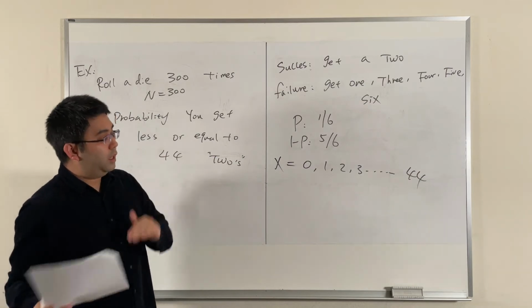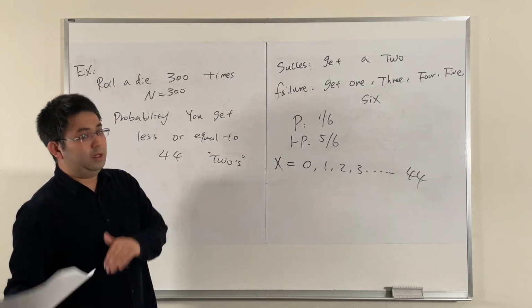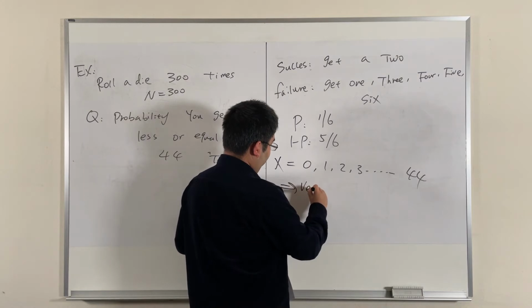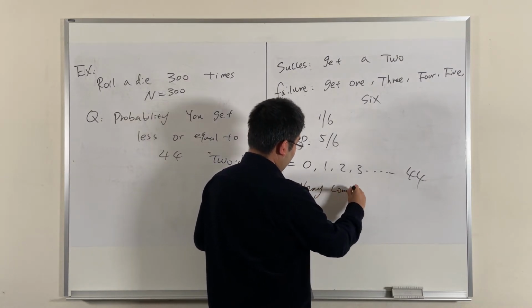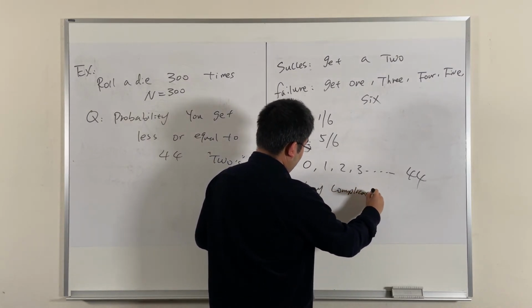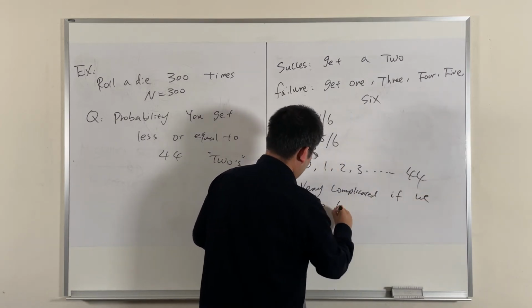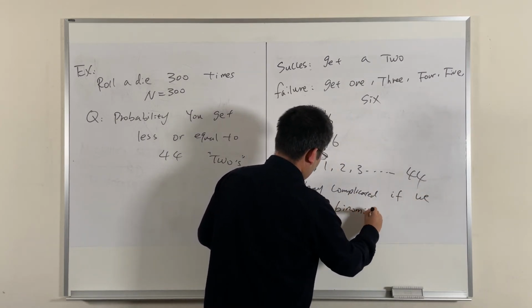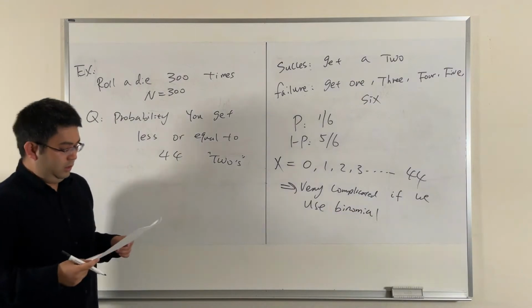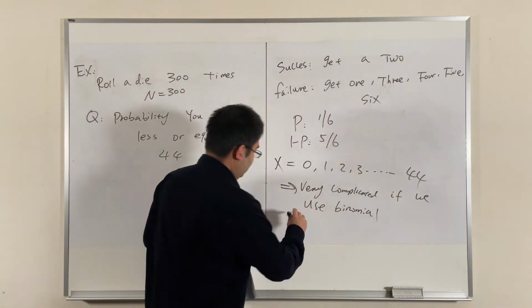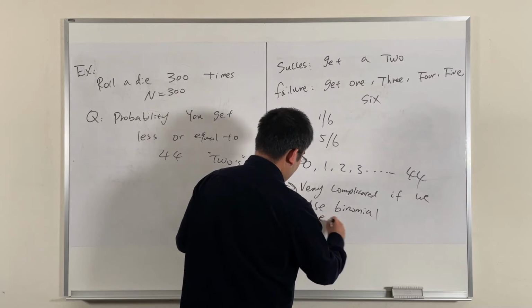Then it'll be really complicated if we use the binomial distribution. So we should just use normal. Normal is going to simplify this.